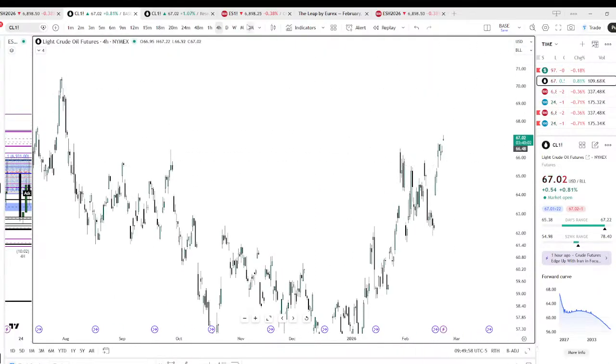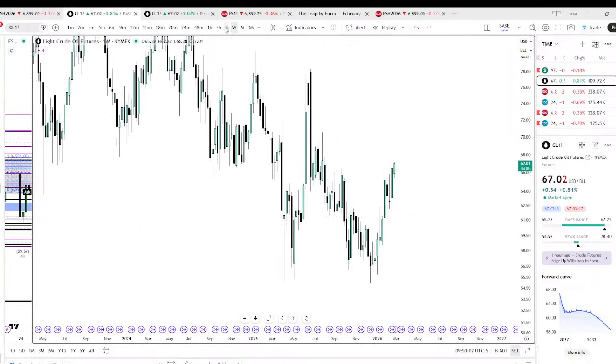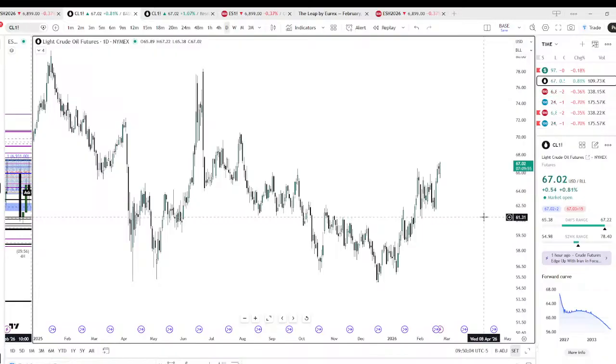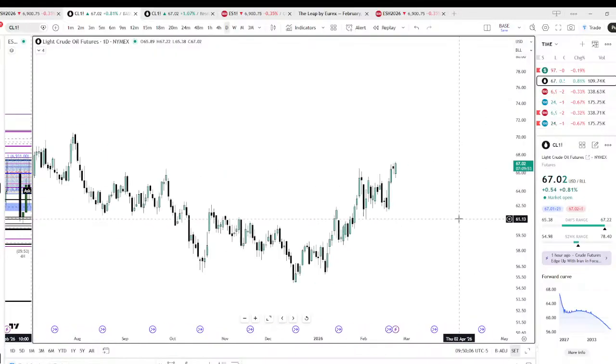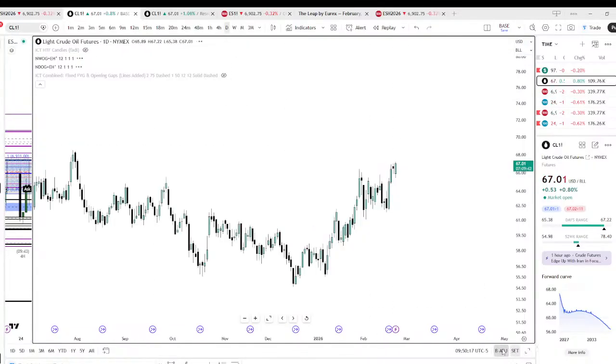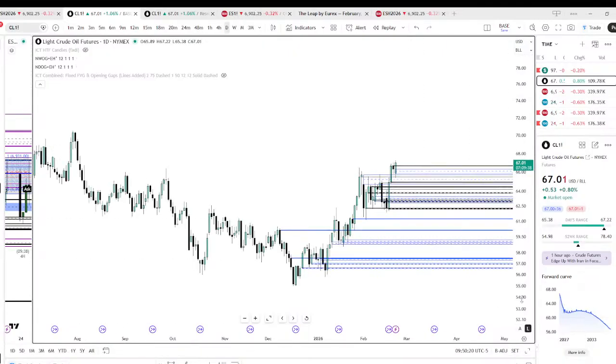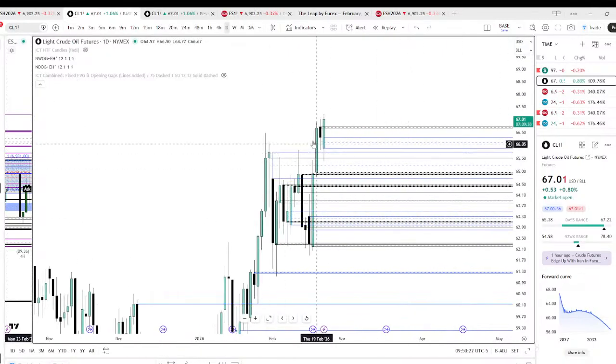Oil. I know that I was looking at sort of breaking back down into this area. I think my initial one was actually what we're looking at here. For a buy, I guess we traded into that overnight.